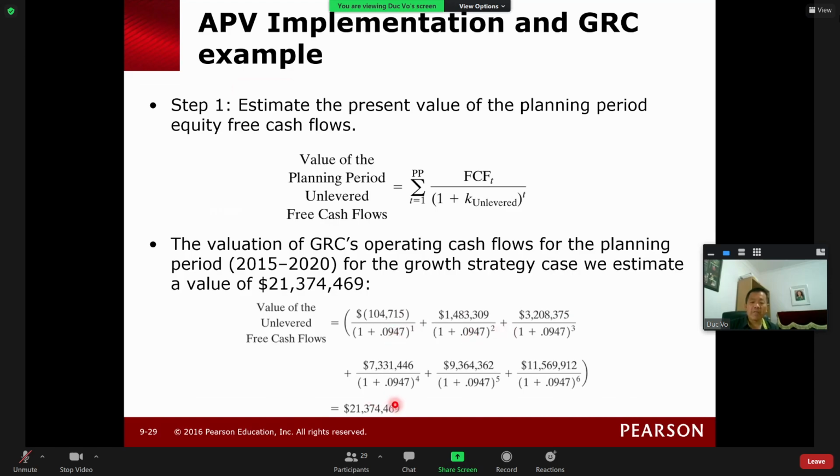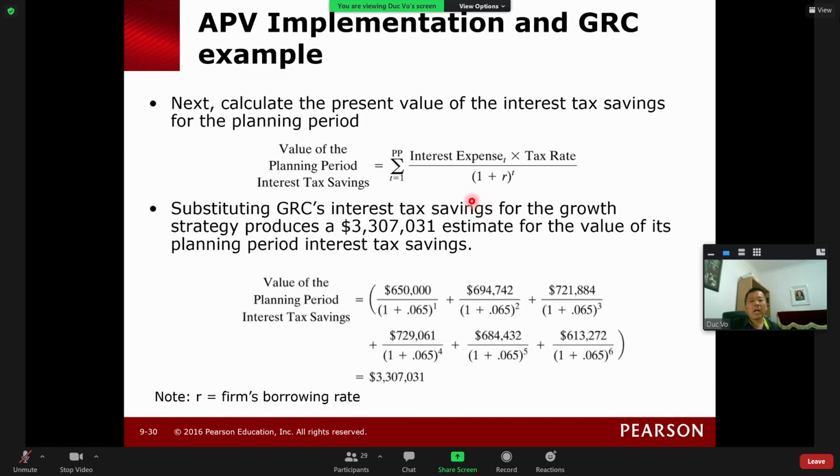You go to the value for the unlevered free cash flow. So the unlevered free cash flow simply means you apply the unlevered cost of capital as the discount rate in your calculation. And then the second component, we work out the interest tax saving.